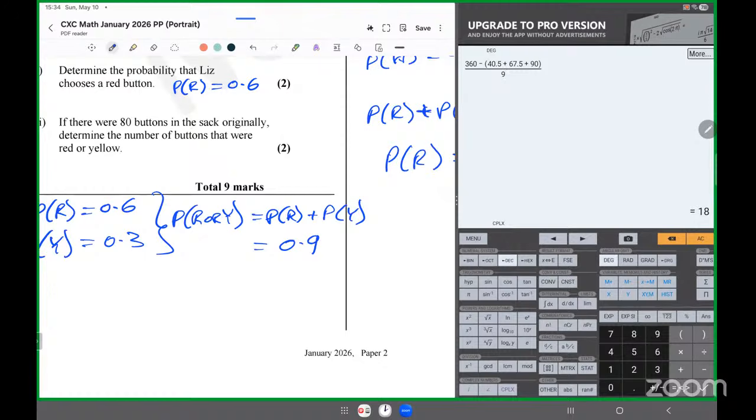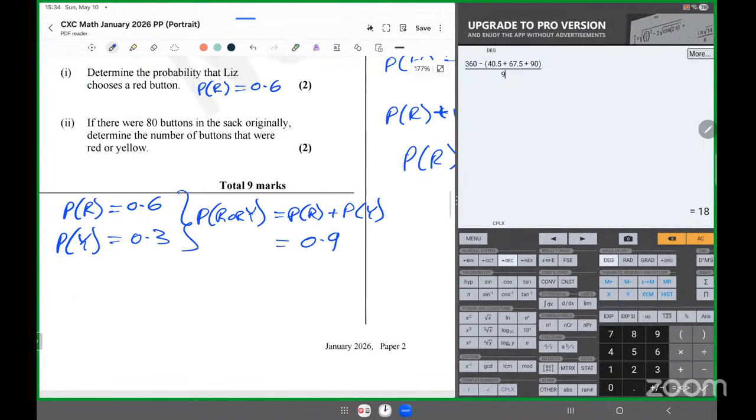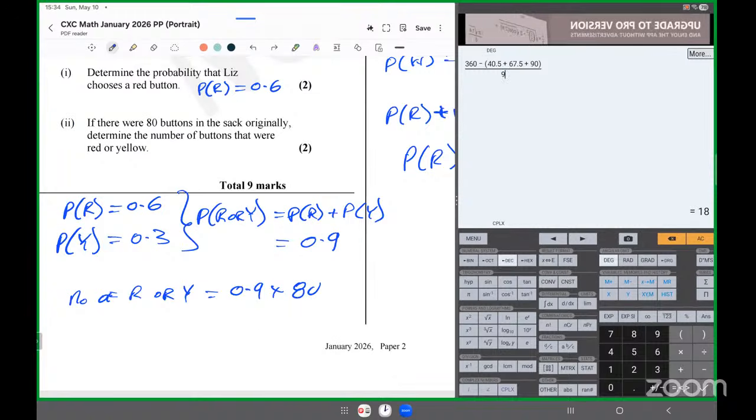That's the chance of getting a red or a yellow. But there are 80 marbles total. So the number of red or yellow, by combining them, becomes 0.9 times 80. Keep in mind, probability is like a percentage, so this is 90%. So 90% of the 80 marbles is yellow or red.